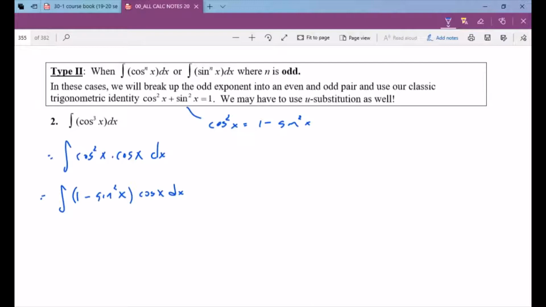Then this ends up just being equal to the integral. If we distribute that across 2 terms, then this ends up being the integral of cos x, I'm going to break it apart into 2 integrals as well, minus cos x sine squared x dx.